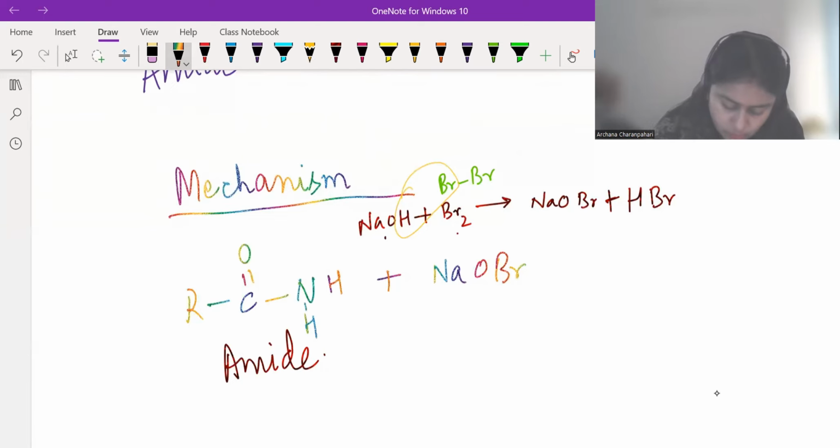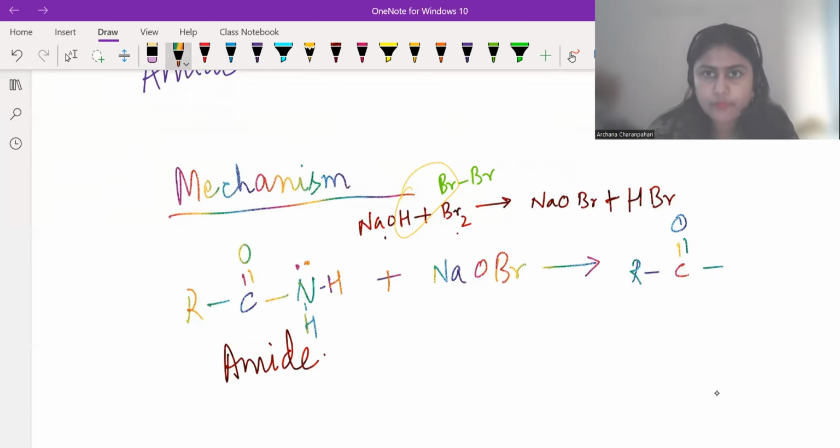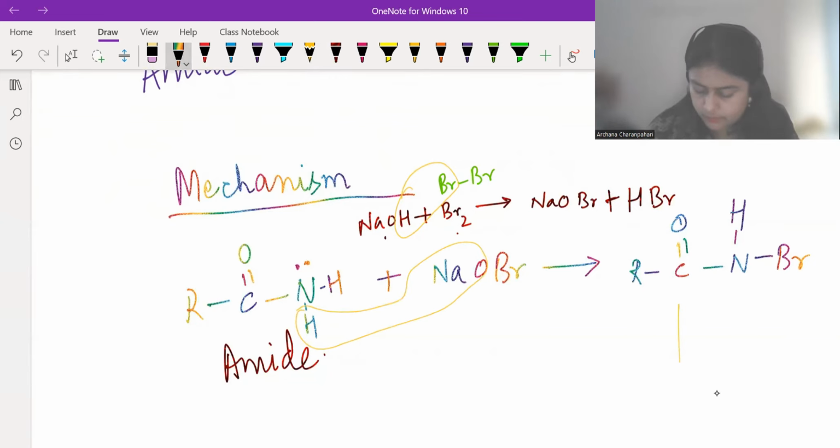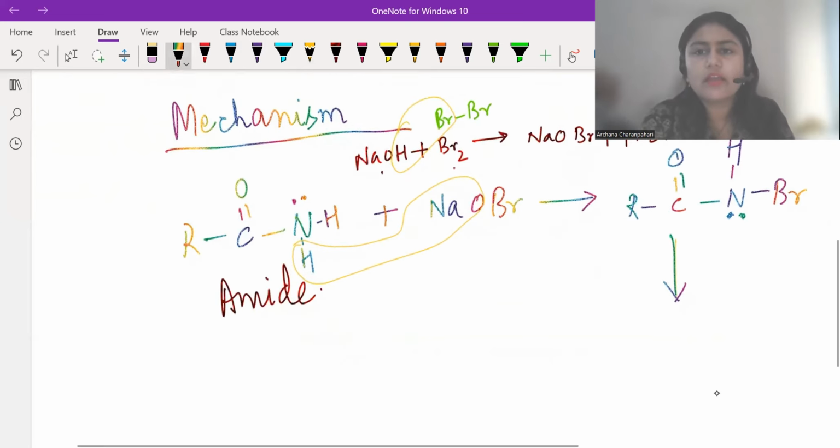In this case, obviously, the nitrogen has 3 bonds and a lone pair exists on it. Now, we will be getting RC double bond O NH Br. One molecule of nitrogen is born like this, and obviously one lone pair is already there.